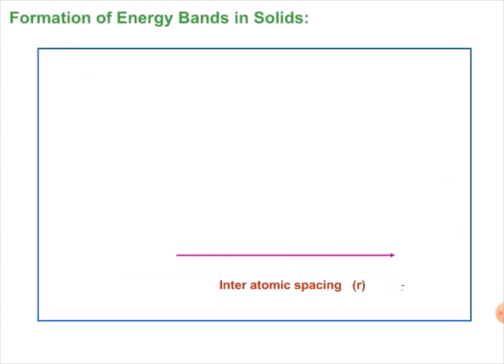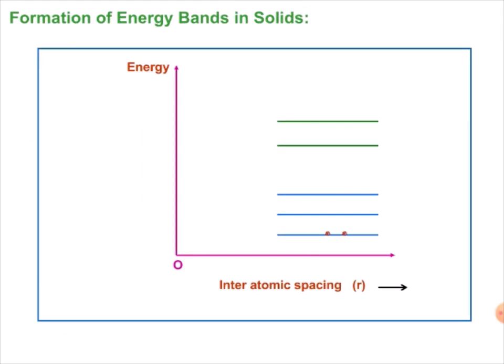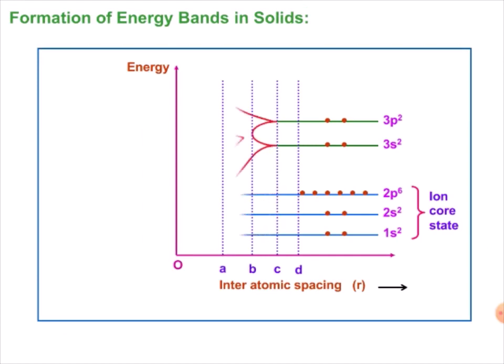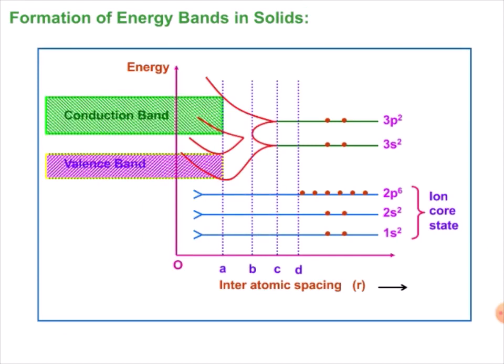Now this is the formation of the energy bands. Let's see. The energy levels of the inner core cells will not change, but the energy levels of the valence cells change considerably when the atoms are brought closer and closer toward the actual lattice spacing.